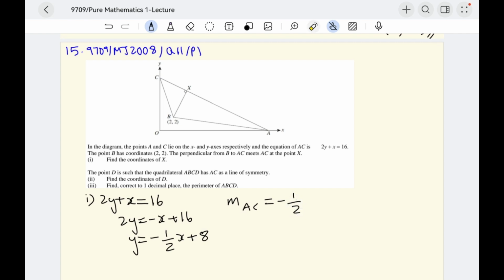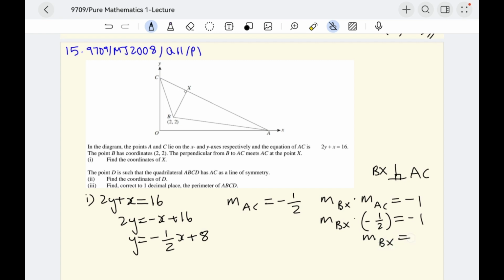Okay, so we have introduced the line BX, so we can relate that the gradient of BX times the gradient of AC is negative 1 since BX is perpendicular to AC. So the gradient of BX is 2, positive 2.